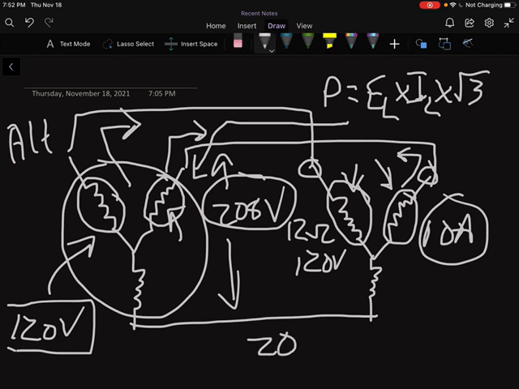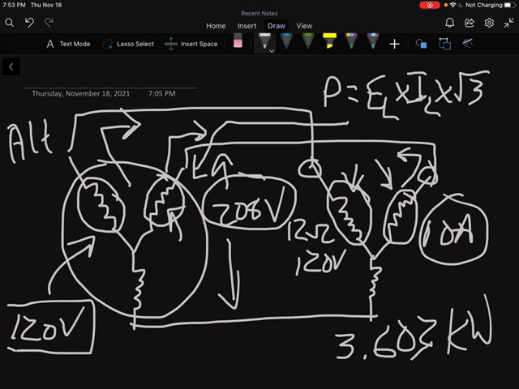So 208 times 10 times root 3, or 1.732, and we get a value of essentially 3.603 kilowatts.